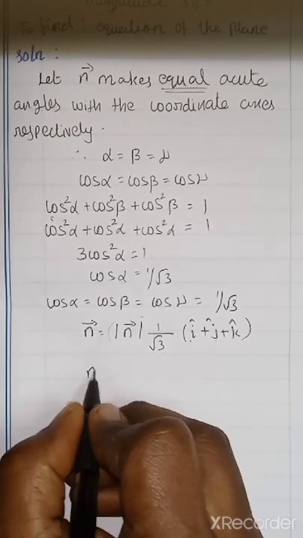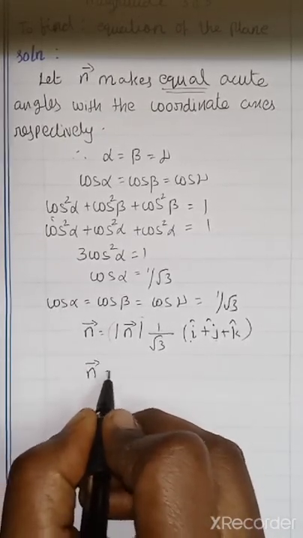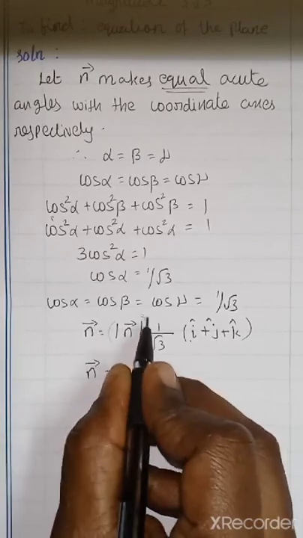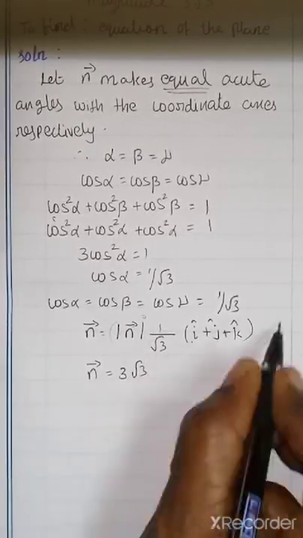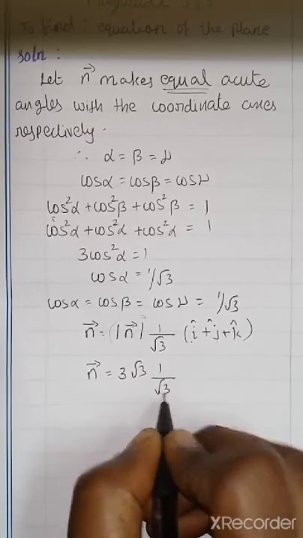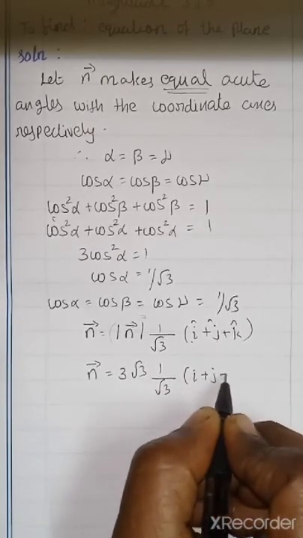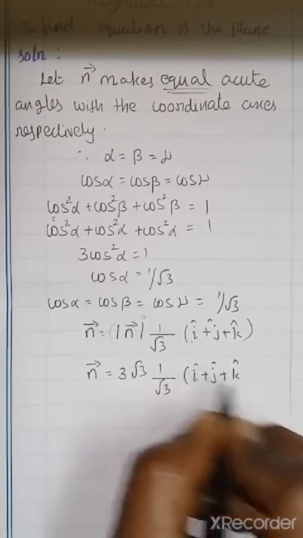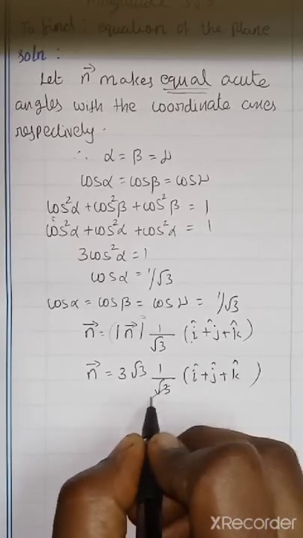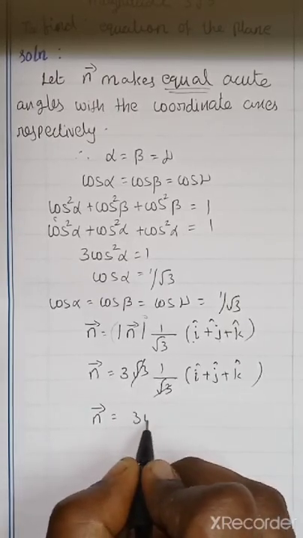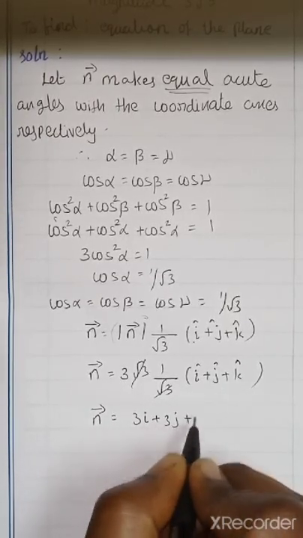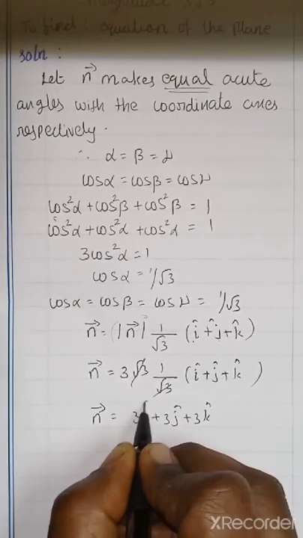Correct? So n vector equals 3 root 3 times 1 by root 3 of (i vector, j vector and k vector). So root 3 will be cancelled. So what is your n vector? 3i plus 3j plus 3k vector.